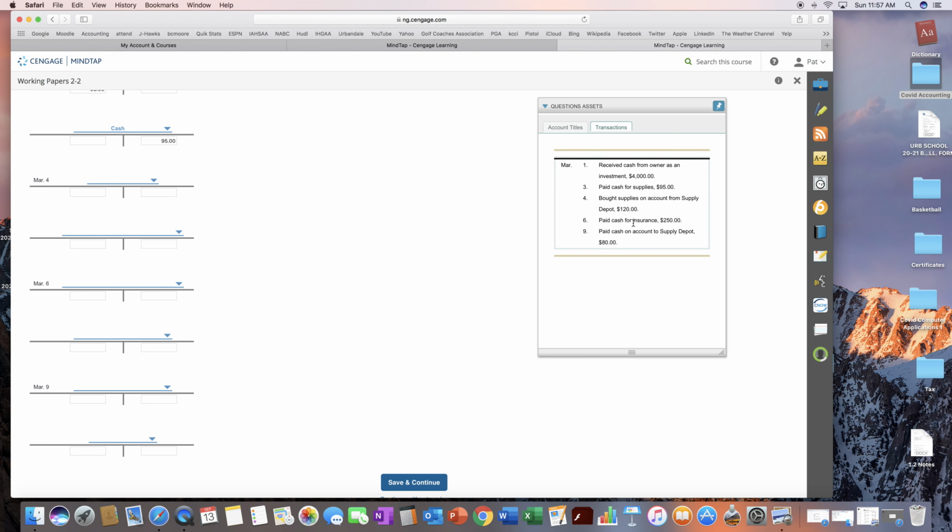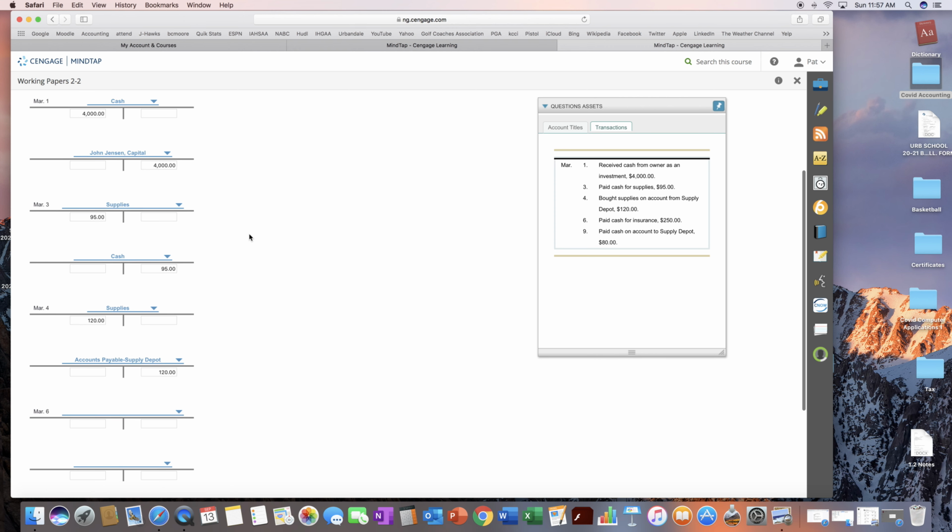So we are increasing supplies. On March 4th, we bought $120 worth of supplies. This is Supply Depot, so we go accounts payable, Supply Depot. We're increasing a bill. How do you increase a bill? You credit the liability to increase it. We list the debit first, the credit second.